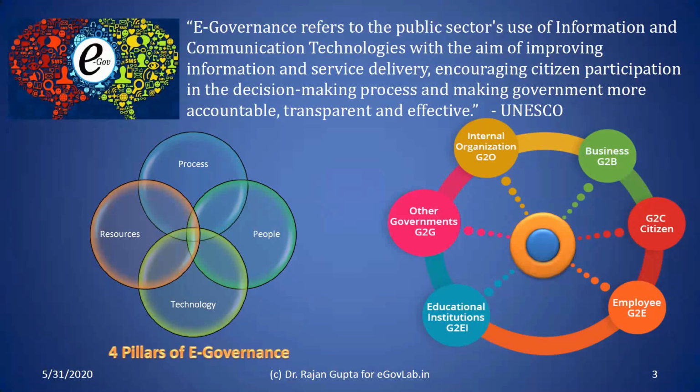So these are a few models through which government interacts with different kinds of entities. The entities we are talking about here are citizen, business, employee, governments, organization, and educational institutions. This way, the e-governance process is involved under various models. And that is what we need to understand, that with respect to different models, we can have different use cases.